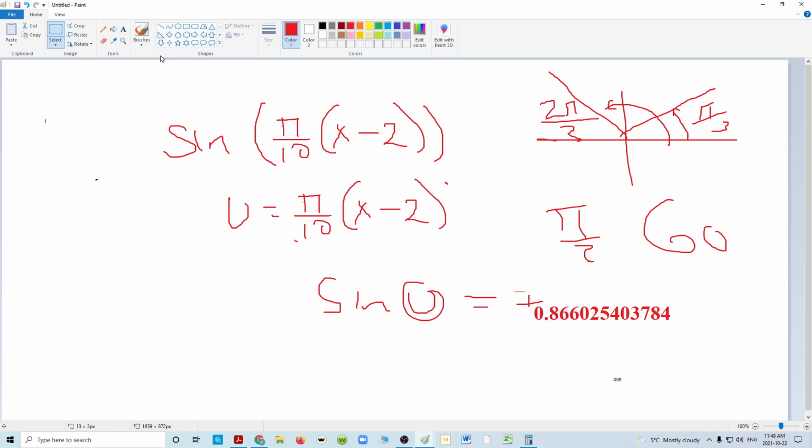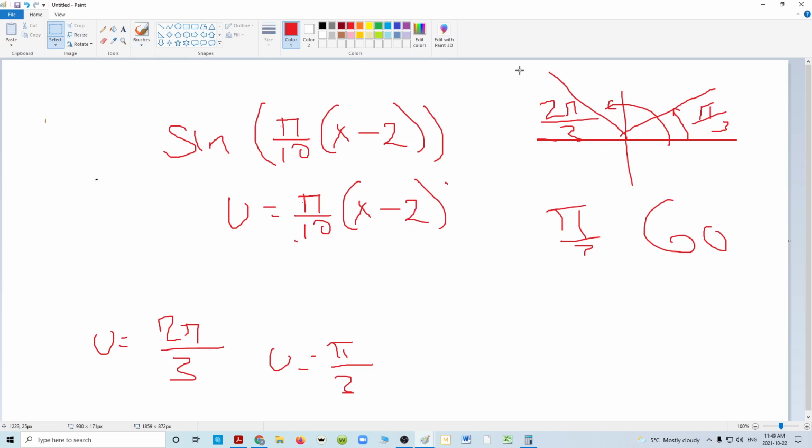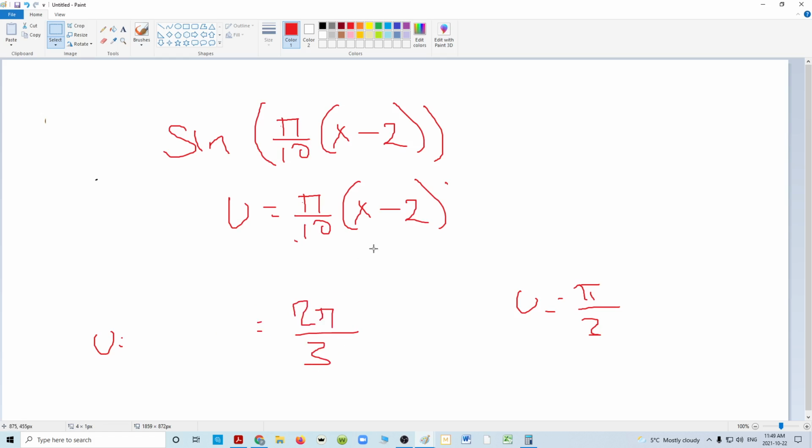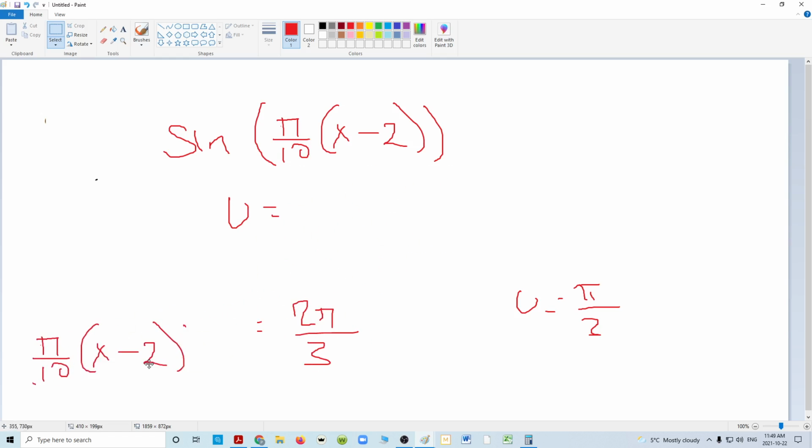We've discovered that u is equal to 2 pi over 3, and that u is also the angle pi over 3. And you just get rid of all your work for now. And you put these separate, and now you solve it by bringing back what you replaced u with.